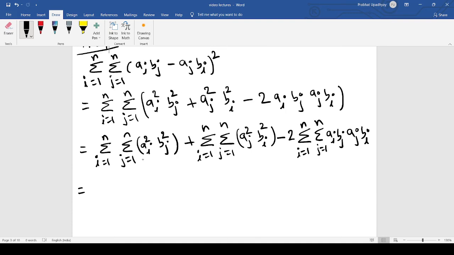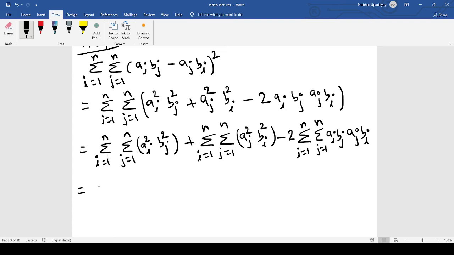Now observe the first term. Here first i will be fixed and j will be running from 1 to n. So the terms will be like ai square multiplied with b1 square plus ai square multiplied with b2 square plus ai square multiplied with b3 square. In this way you will go up to ai square into bn square. So you can say it is ai square times summation of bj square, j running from 1 to n. Similarly, now i will also be running from 1 to n.